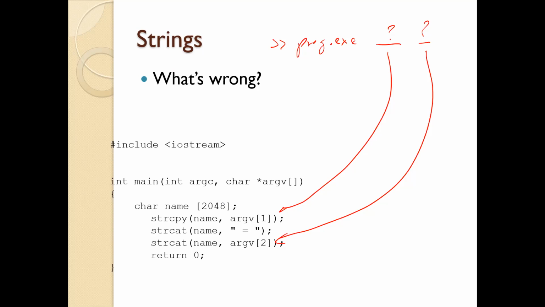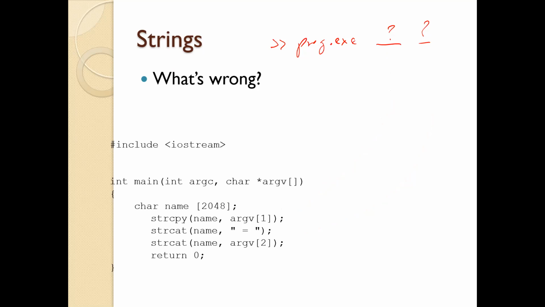You're not having any kind of input validation as far as argv1 and argv2, what they would be. First of all, it's always input validation. That's really the solution to everything. If I was to summarize this class in two words, input validation.